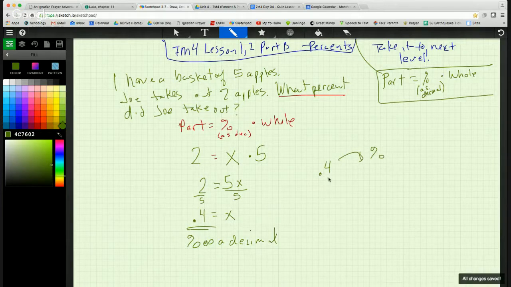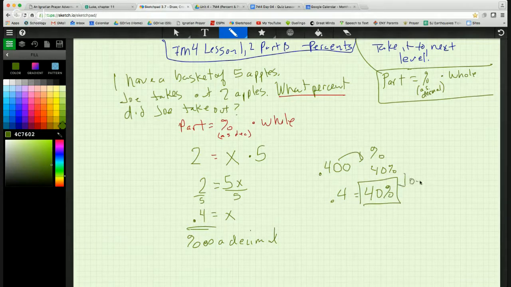Now we do that by moving the decimal to the right. Well, I can only move it 1 to the right, but as we all know, we can add zeros behind the decimal like this. And we just move it 2 to the right and we get 40%. So 0.4 equals 40%, and that's our answer. So Joe took out 40% of the apples.